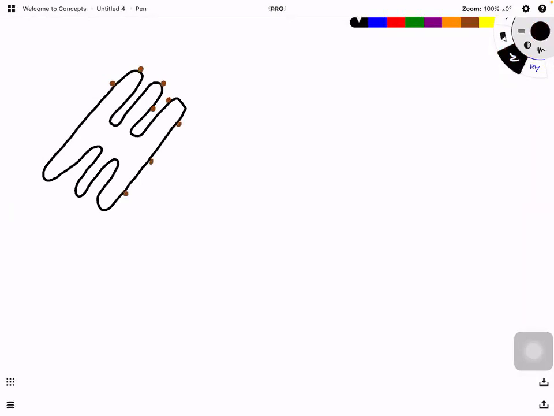Okay, then how do I draw the Golgi apparatus? When we draw the Golgi apparatus, it is something like an arch. You draw it something like an arch, this way.